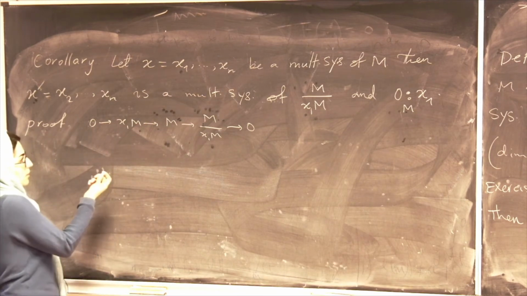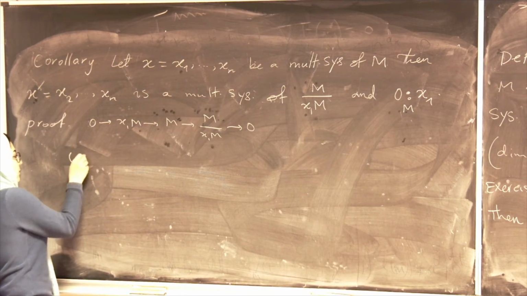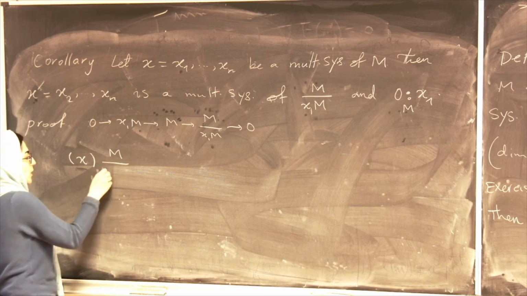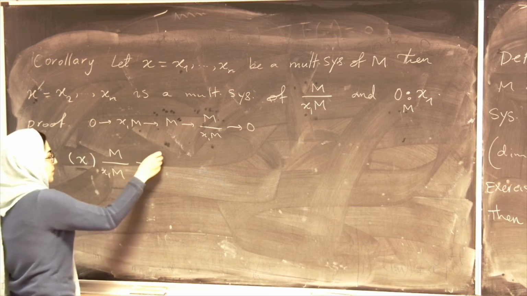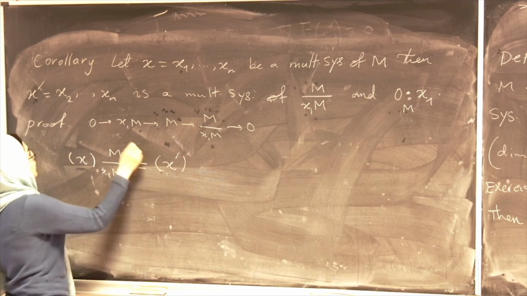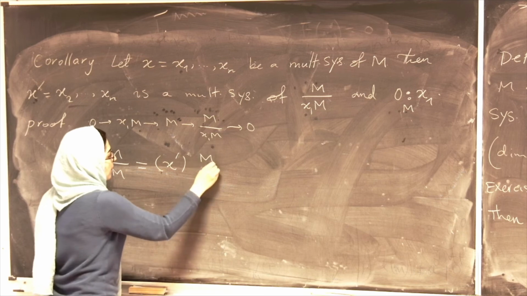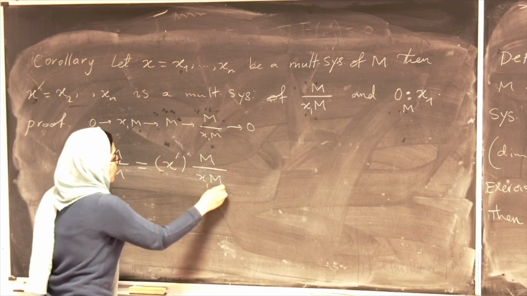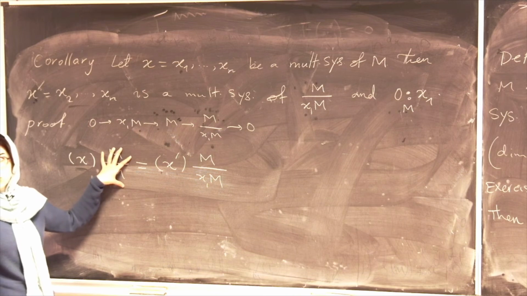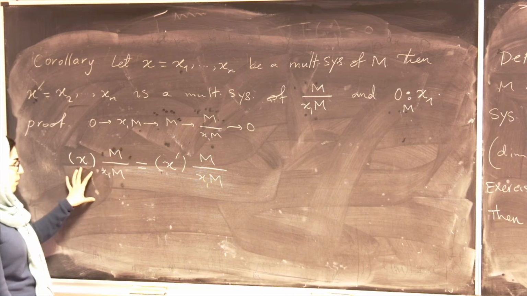Note that the ideal (x1, ..., xn) times M/x1M is the same as the ideal generated by x2 to xn, because x1 times this module is 0, so it produces nothing.